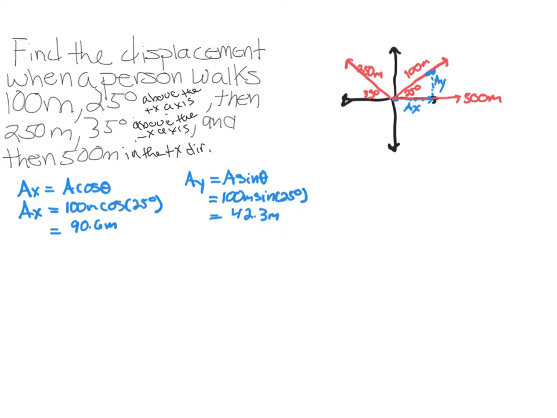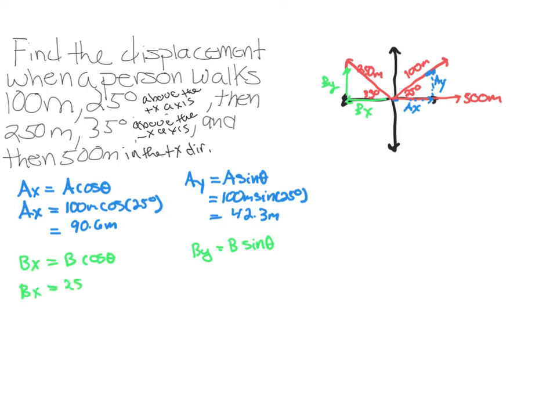Now we're going to repeat for vector B. So we're going to have Bx and By. And once again, the 35 degrees is adjacent to the x component, so we'll use cosine, and opposite to the y component, so we'll use sine for that. So Bx equals B cosine theta, and By equals B sine theta.